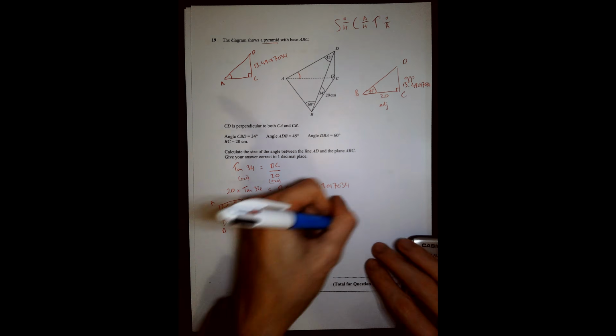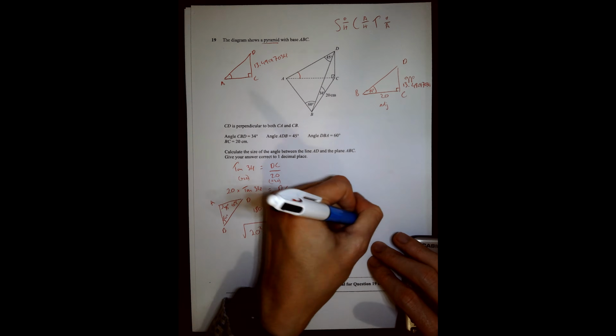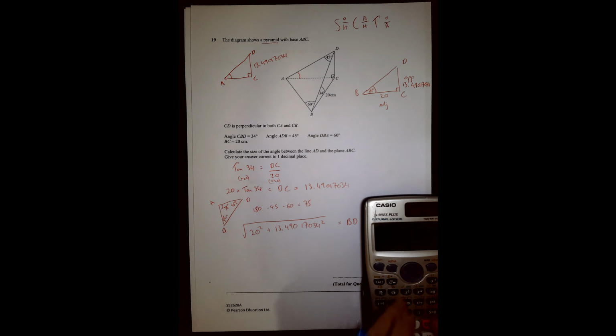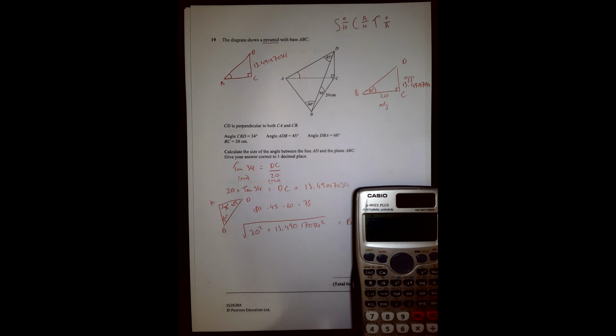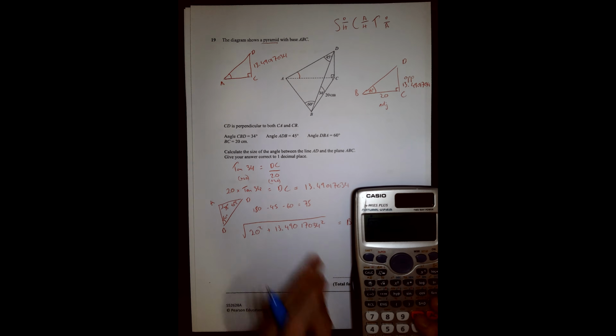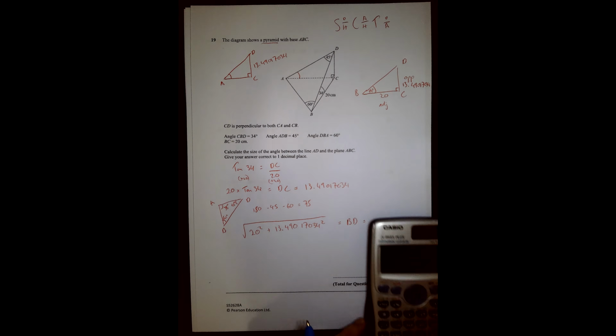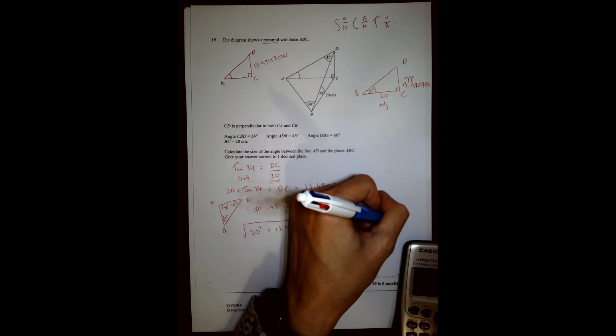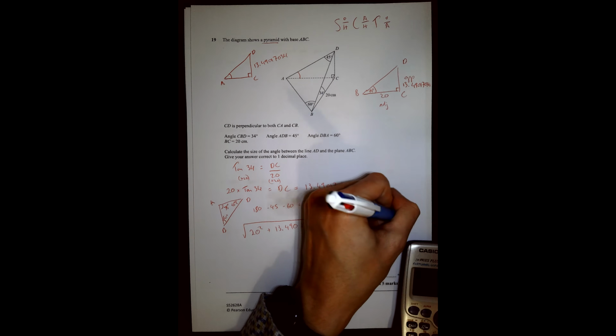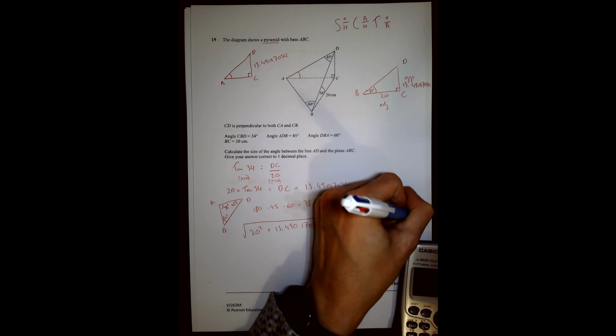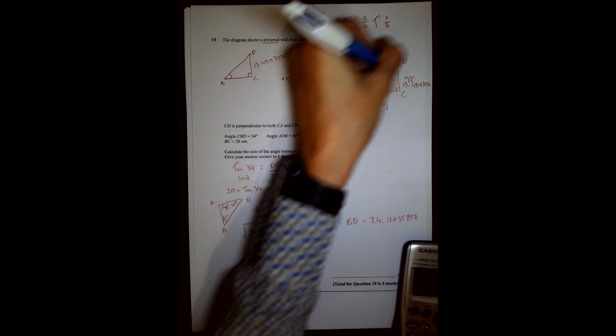That will give you BD, which is square root 20 squared plus 13.49, so on. Make sure you type all your digits in. 017034 squared, 24.12435.897. That is going to give me BD.